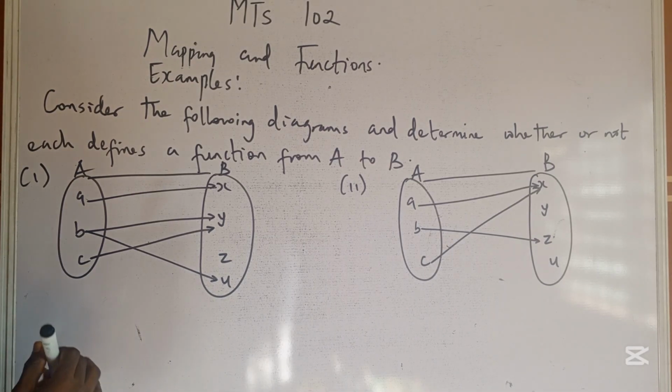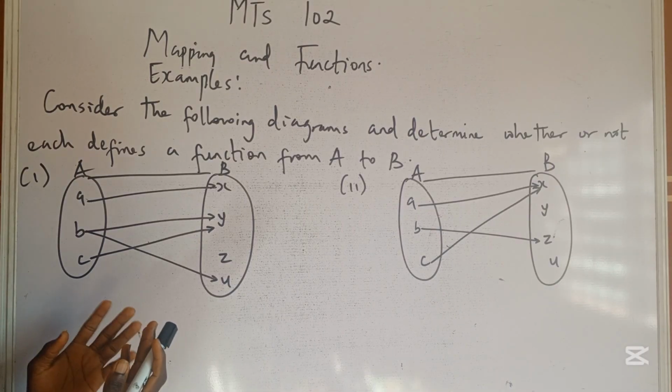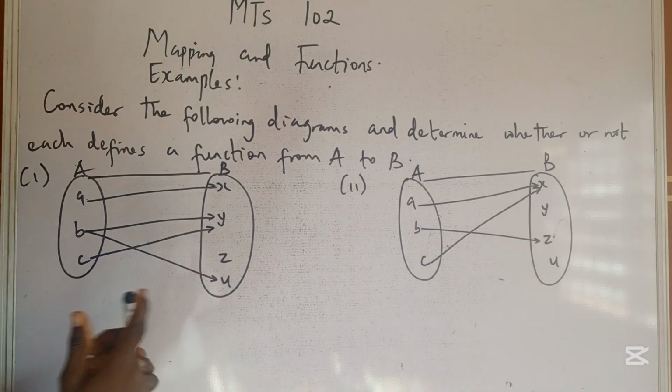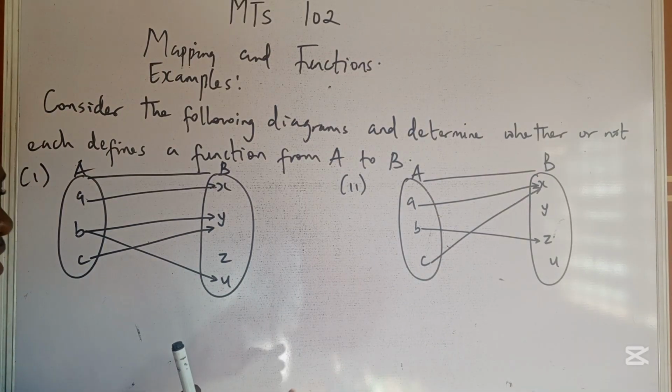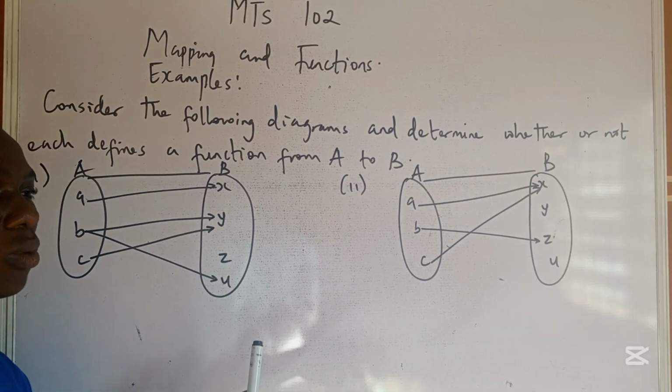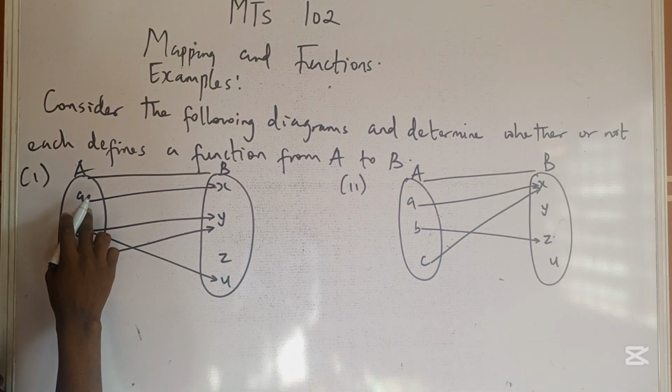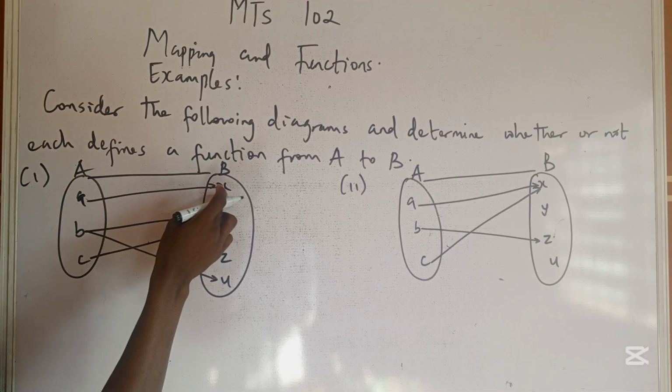When I was explaining the definition of a function, I said it is a rule that assigns each element in the domain, that is, given X in the domain, capital letter X, to a unique element Y in the codomain. Now look at this. A is mapped to X. A has an image X here.